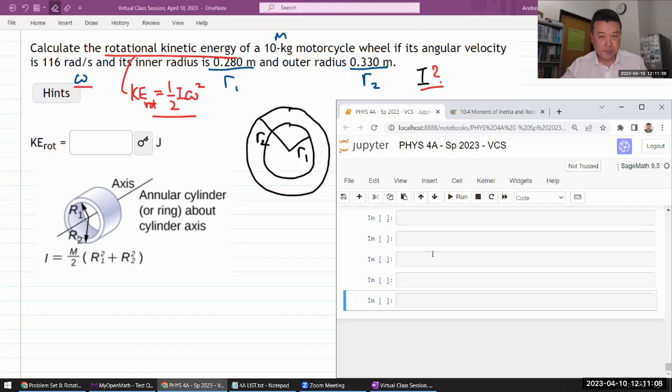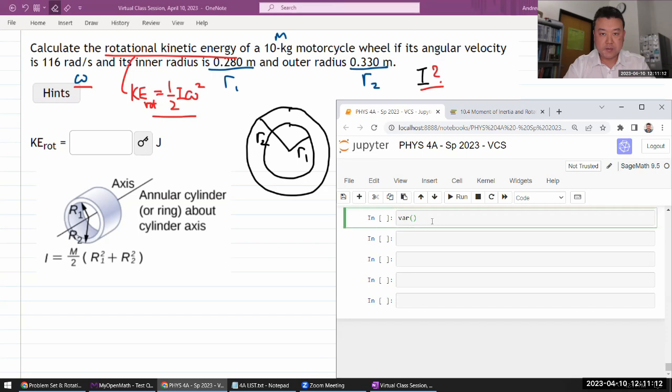So with all these things I have looked up, this is what I can do. I can declare some variables I'm going to use for the number plugging in exercise. I need my mass and my omega. I think that's everything I need.